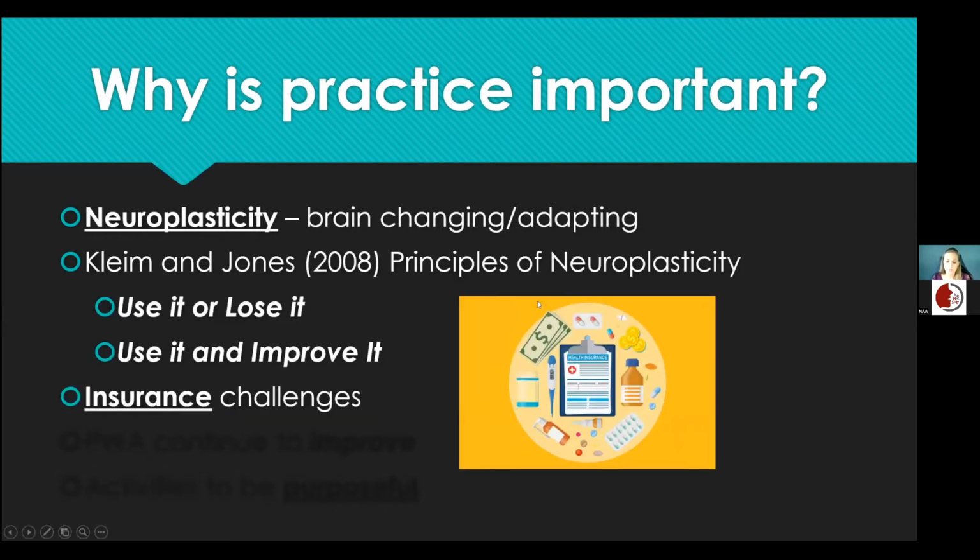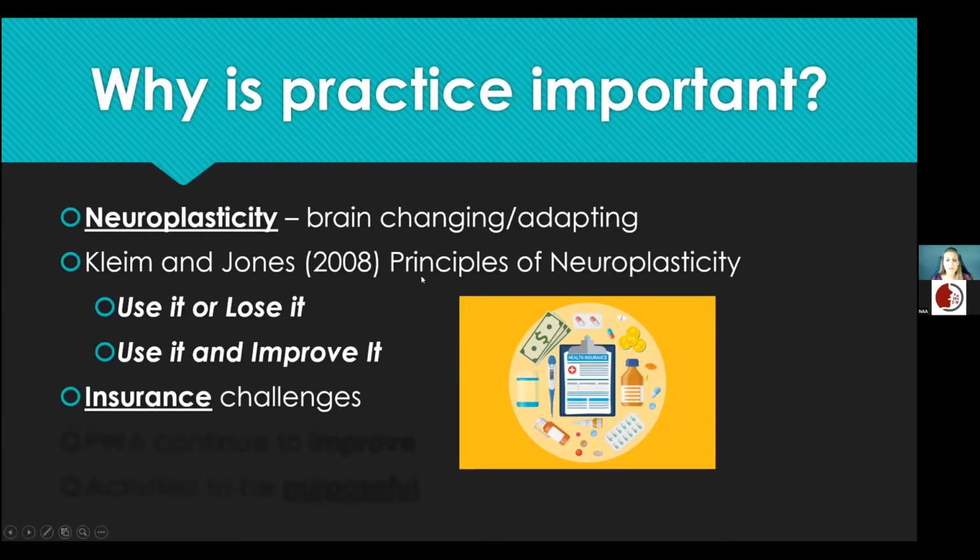Now, as I'm sure a lot of you have experienced and are aware of, unfortunately, insurance does not really allow for you all to recover as completely as you can. It really doesn't allow for those maximal outcomes. You guys, in my opinion, are discharged way too early, way before you've reached your desired outcomes.